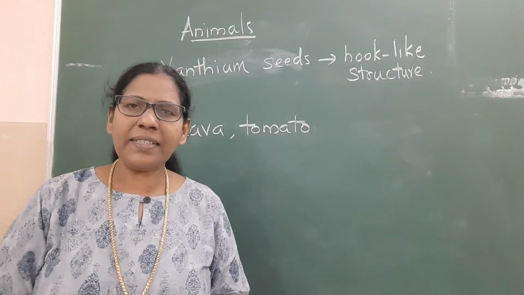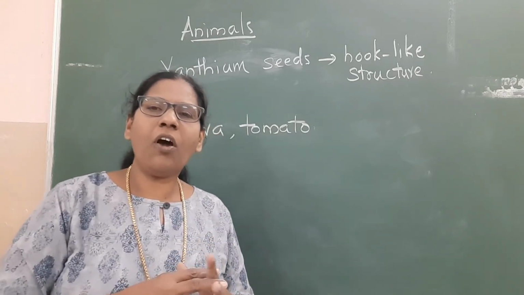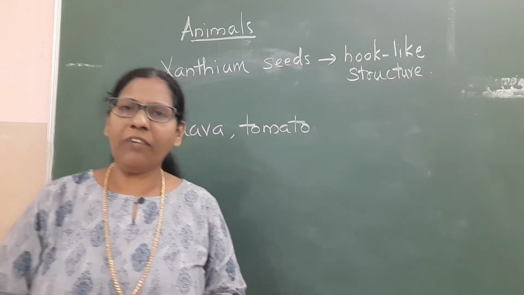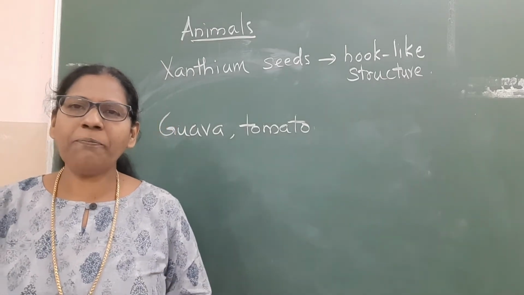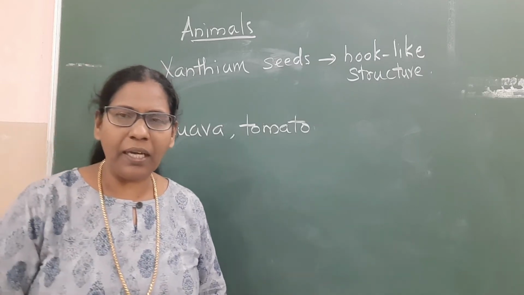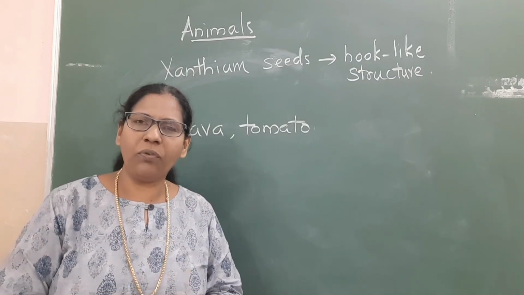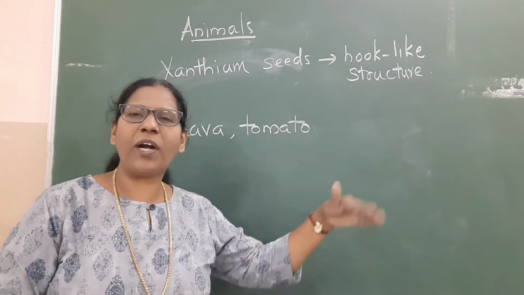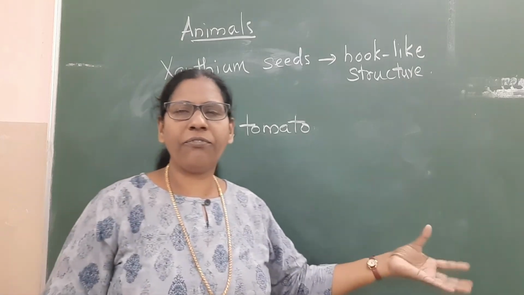These seeds stick to the fur of animals or even the clothes of human beings, and from one place to another they move. Animals move from one place to another, and then from their fur the seeds fall off in a different place.